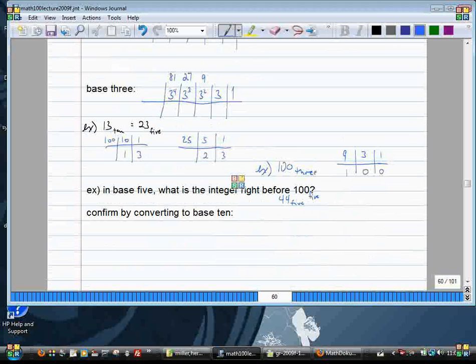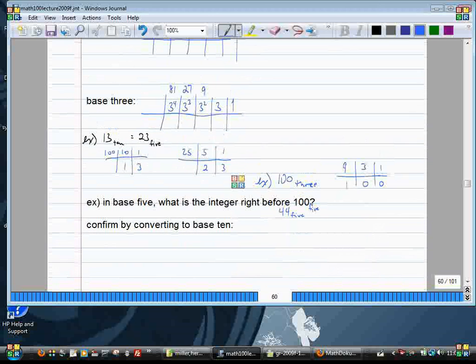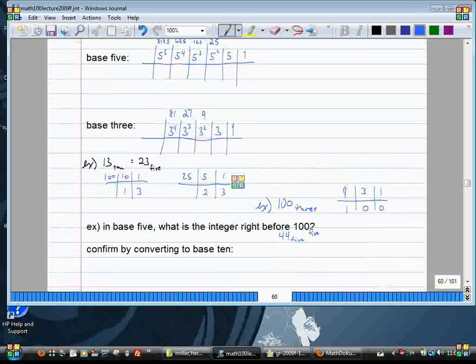Okay. So first of all, let's take the number. Well, 100 is the easiest one. What does 100 really mean? What is the number 100 in base 5? What number would that be in base 10?